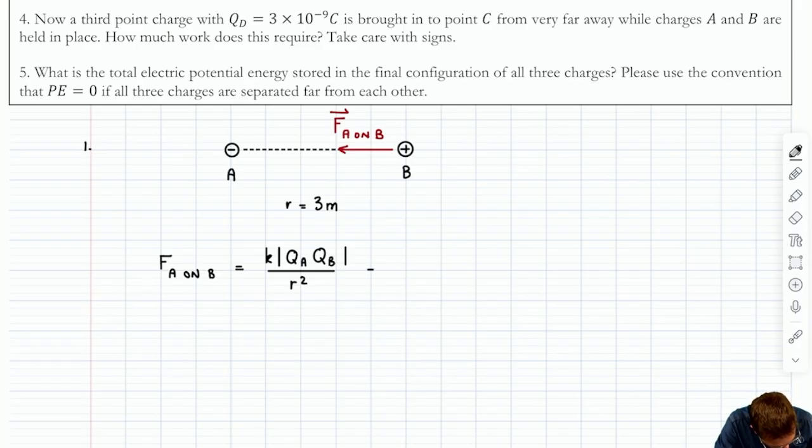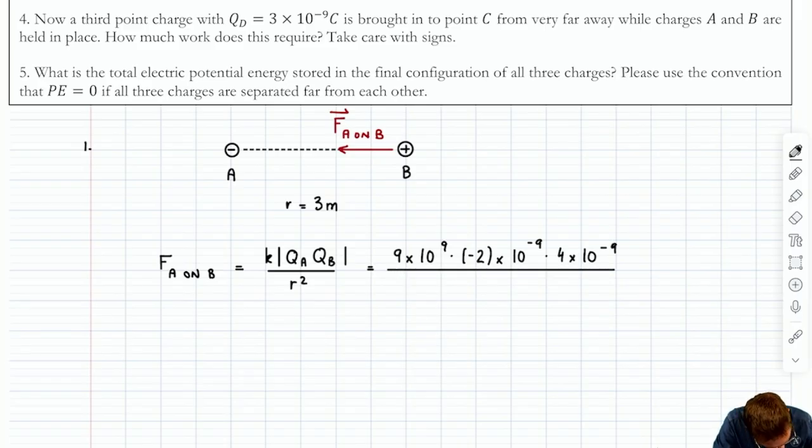And that's going to be equal to 9 times 10 to the 9, that's K. QA is minus 2 times 10 to the negative 9. QB is 4 times 10 to the negative 9, divided by 3 squared, which is 9. So this simplifies nicely. 9 cancels with this. 10 to the 9 cancels with 10 to the minus 9.